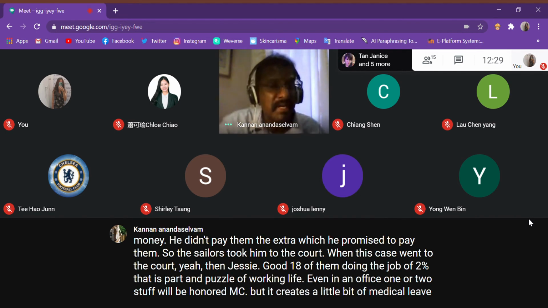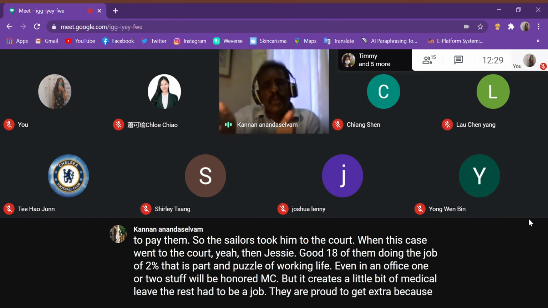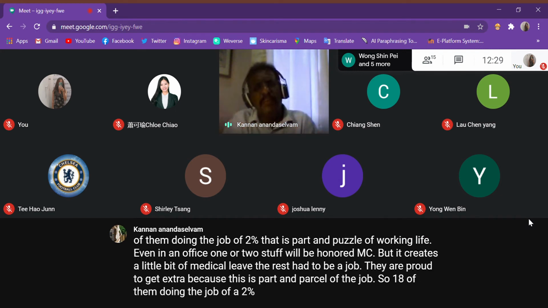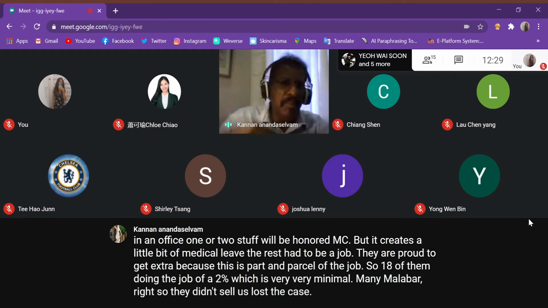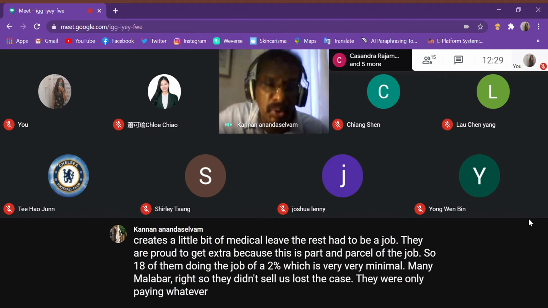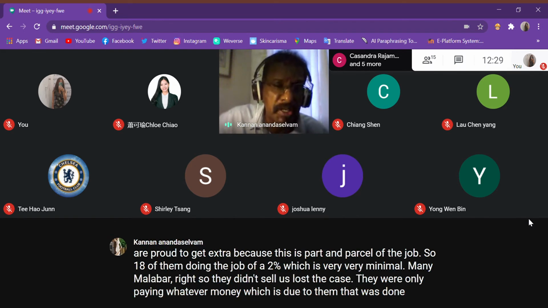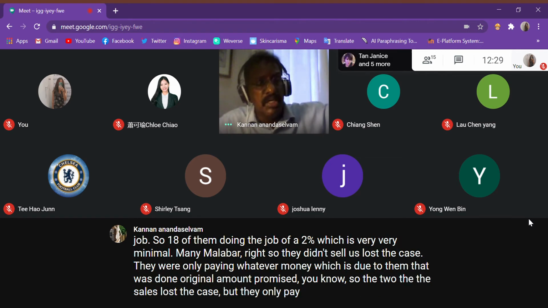They are not paid extra because this is part and parcel of the job. It is very minimal. So the 18 sailors lost the case. They were only paid the original amount promised.